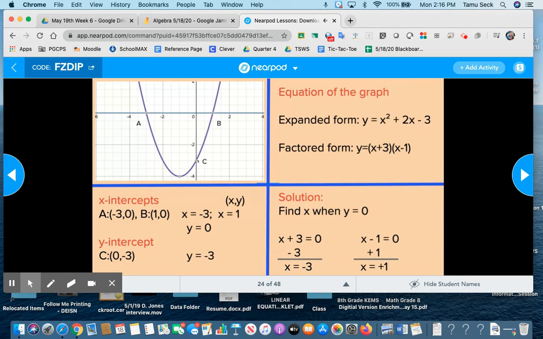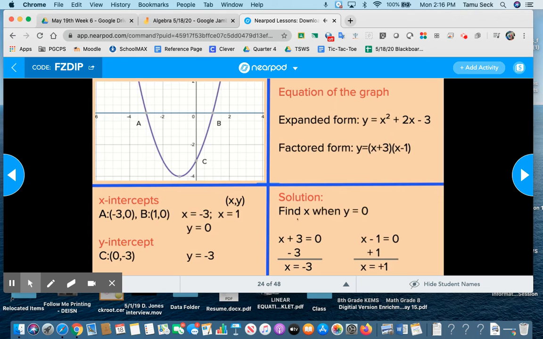So if you look here on the graph, you'll see that the y-intercept is at 0, -3, which matches up to this one. Now, if we factor this expanded form of the equation, we get y is equal to x plus 3 times x minus 1. So this is the same as this one here.